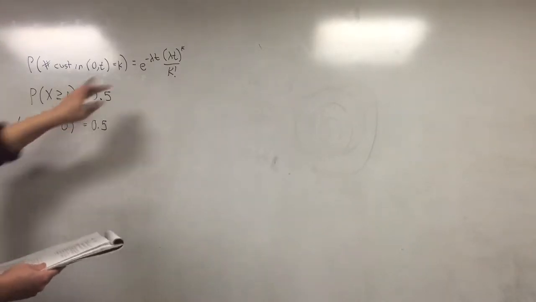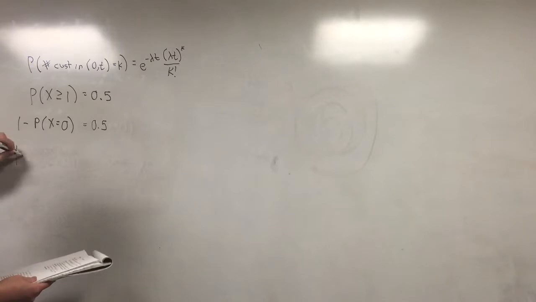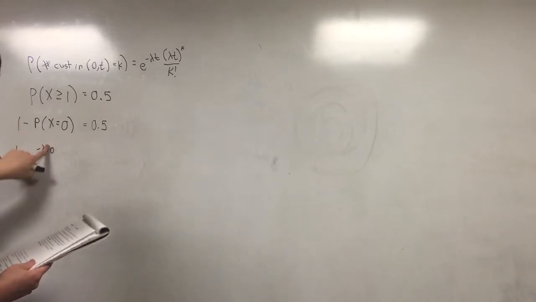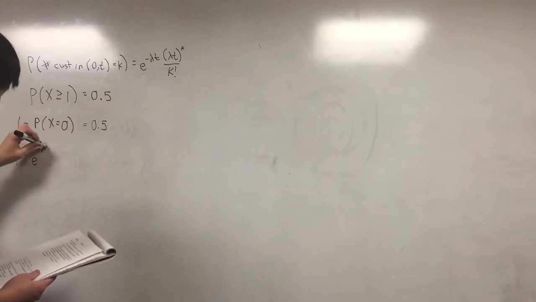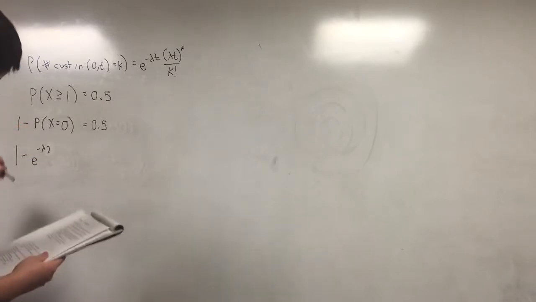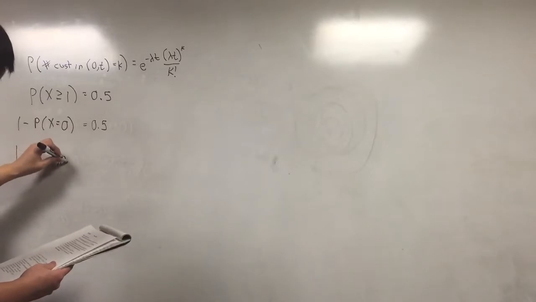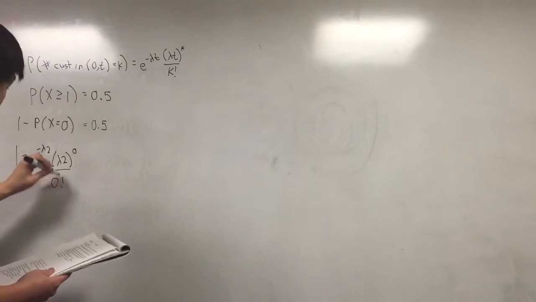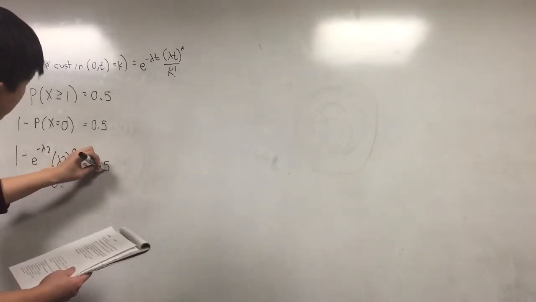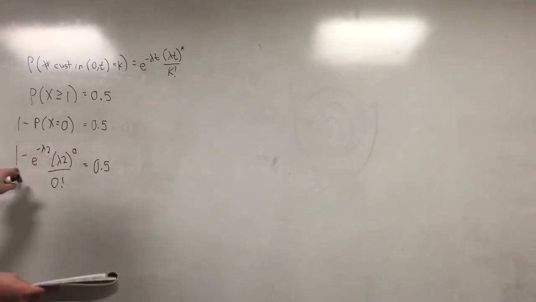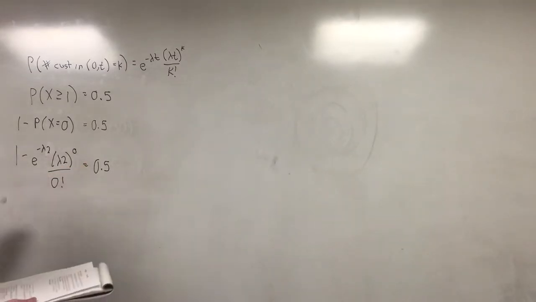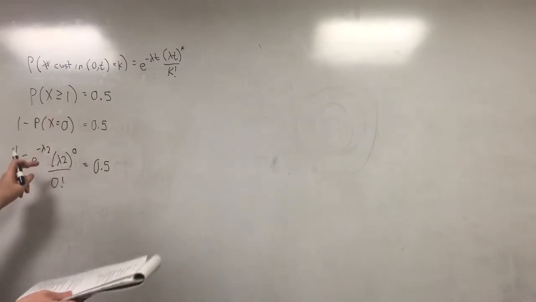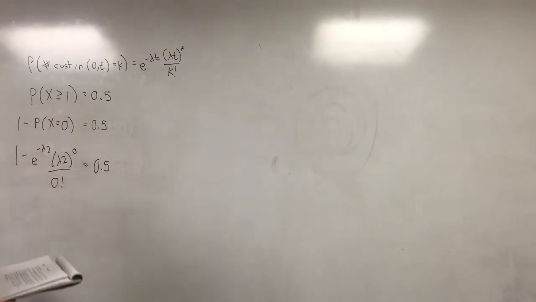And so now we simply just plug in, and it's 1 minus e to the negative lambda 2, because it's in a 2-minute time frame, times lambda 2 to the 0, because there's 0 customers, divided by 0 factorial, is equal to 0.5. And so we can move the 1 to the other side, and this quantity is equal to 1 because a quantity to the 0th power is equal to 1, and 0 factorial is also equal to 1.